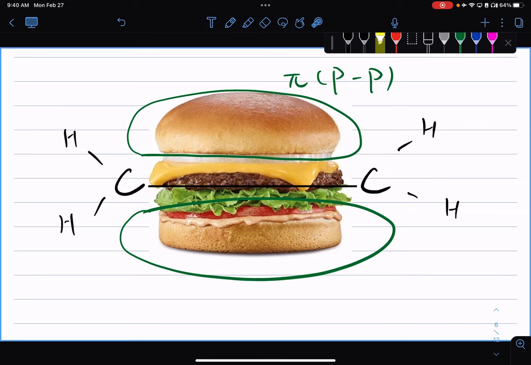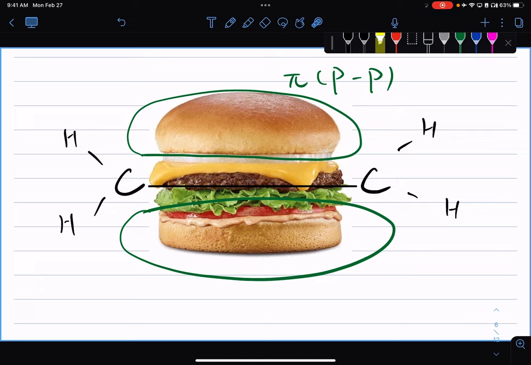Yes? I'm going to ask, the one on top and the bottom would be like the px and py, right? No. The one on top and the bottom are all coming from one single pi bond. So both of them are part of your pi bond. We're talking about the product here, so we don't have any shading, not like what the model has. Both the top part and the bottom part are part of your p atomic orbital interaction.